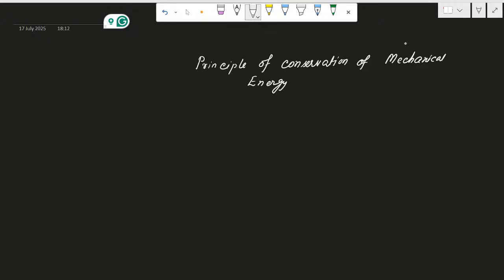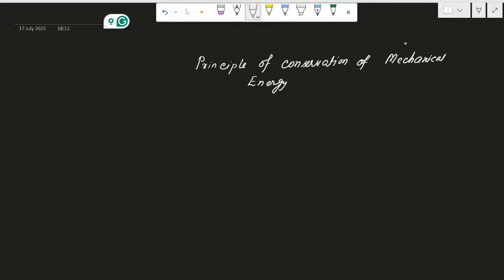The principle basically states that if the conservative forces are doing work on a body, you need to consider this clause. The statement should include one important term, conservative force in action. If you are not mentioning it properly, you might lose marks, because this is very important.